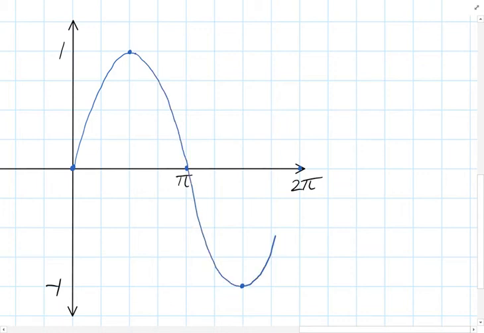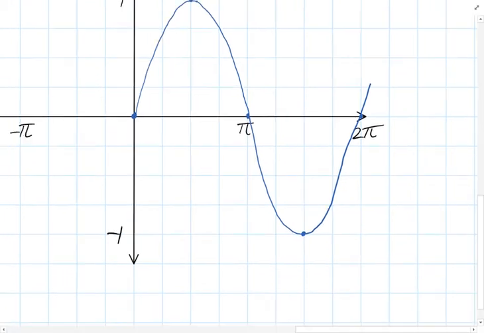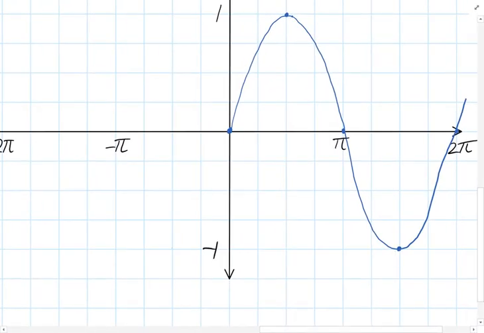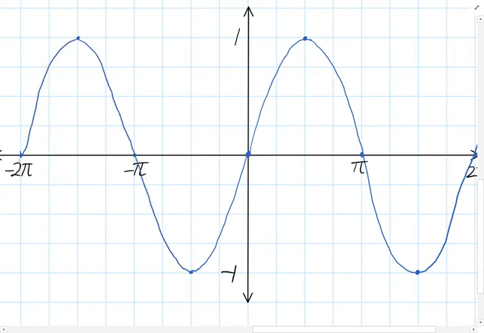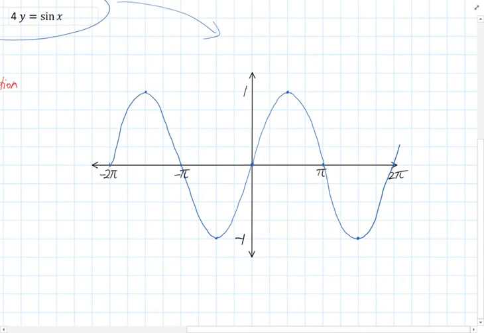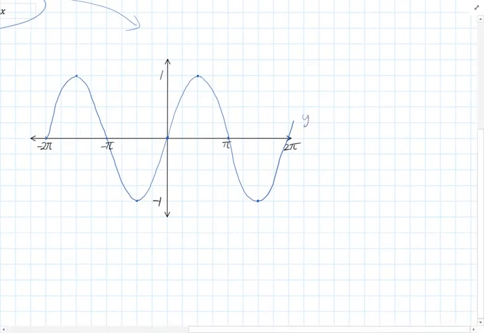Try as hard as possible to sketch that in. Okay, and if we continue that pattern into the negative, we'll draw in the points first, and then it will continue into the negative like this. Like so.